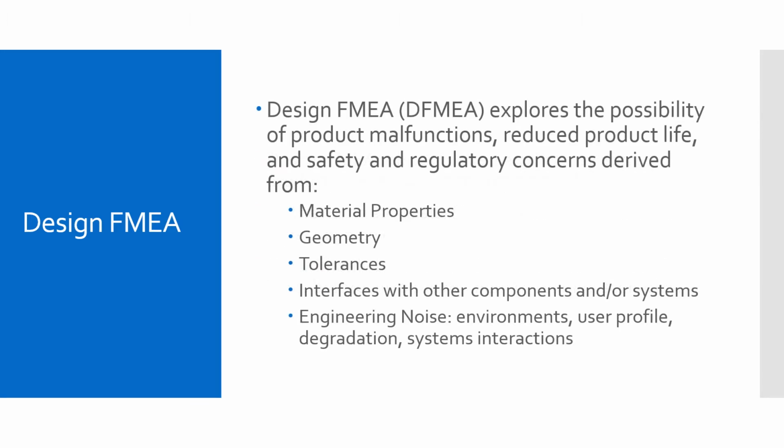Design FMEA, DFMEA, explores the possibility of product malfunctions, reduced product life, and safety and regulatory concerns derived from material properties, geometry, tolerances, interfaces with other components and/or systems, engineering noise, environments, user profile, degradation, systems interactions.